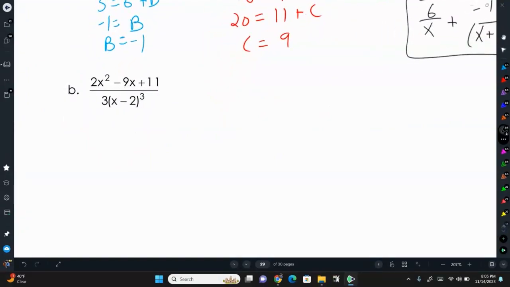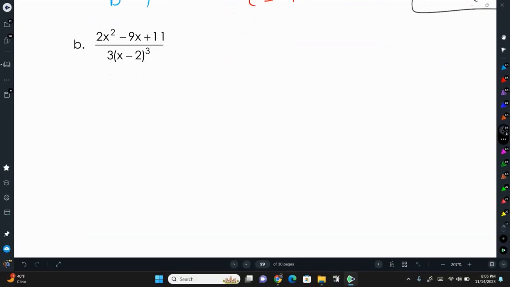Now that 3, what we're going to do is factor out that 3 in the denominator by factoring out a 1/3. So when we factor out a 1/3, that gives us 2x squared minus 9x plus 11 over x minus 2 to the third power.